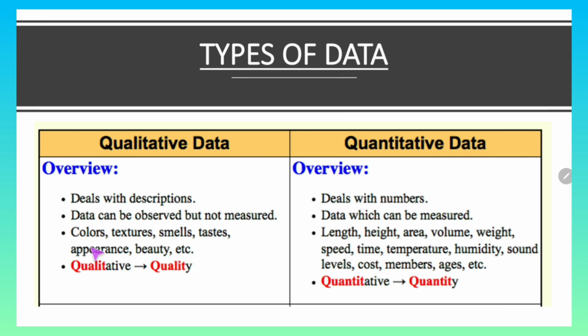For example, colors, textures, smells, taste, and etc. Okay, we also have here quantitative data, which deals with numbers. The data can be measured. For example, length, height, area, volume, weight, time, temperature, and etc.